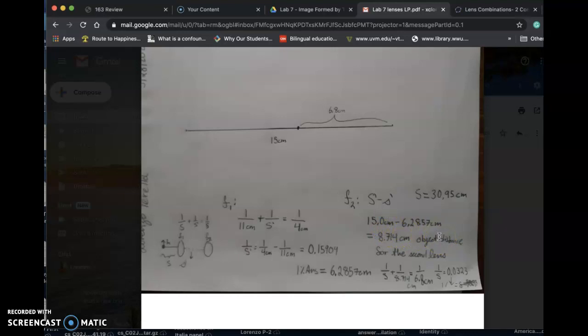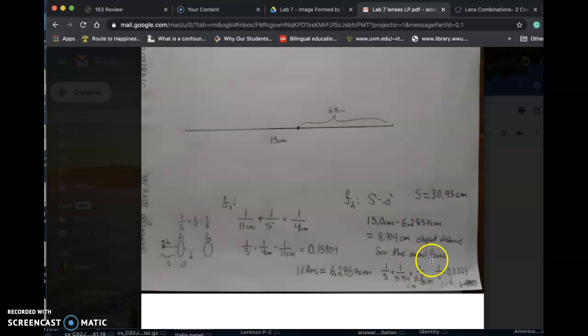And then to find the other portion, take 1 over s plus 1 over 8.714 equals 1 over 6.8 centimeters, which is the value that was given for the second focal length.